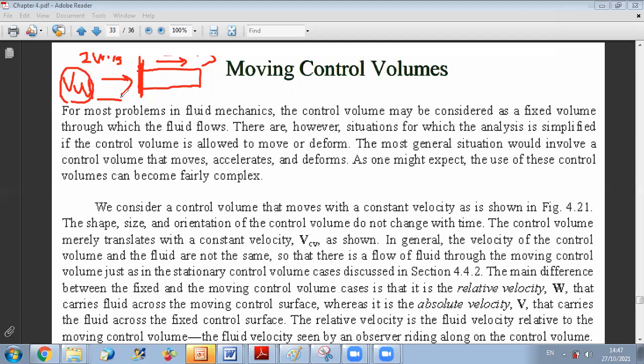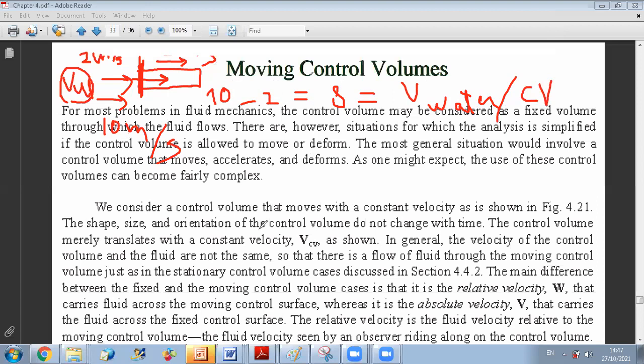So if the water is moving at 10 meters per second, then the velocity crossing the control volume will be 10 minus 2, which is 8, which represents the velocity of water relative to the control volume.